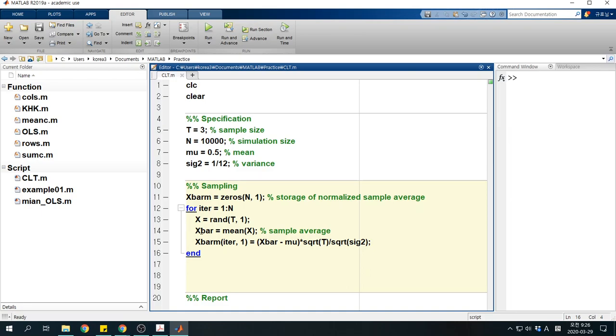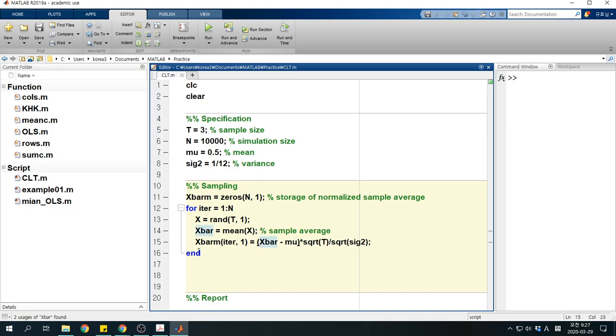Now we have end. Now ITR becomes 4, and it's repeated until when? Until ITR is between 1 and capital N. At the last iteration, ITR equals N. When ITR equals capital N, we still have capital T random samples from the uniform distribution, we compute the sample average, and its normalization is saved in x bar m, n comma 1.